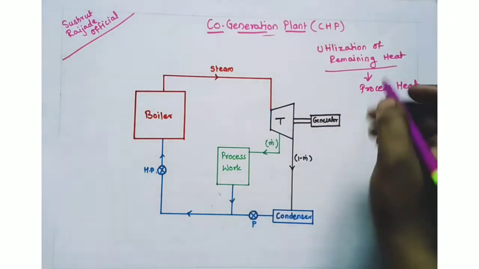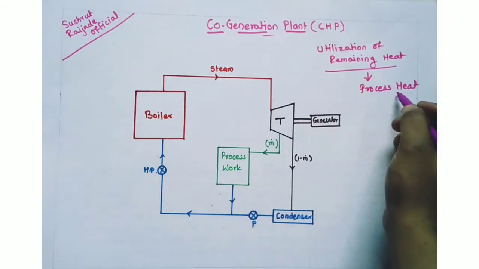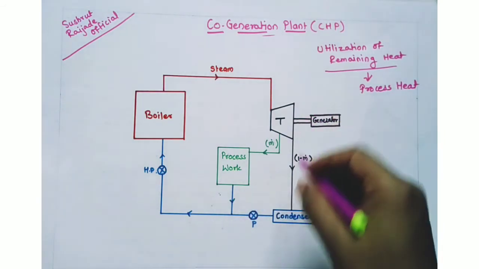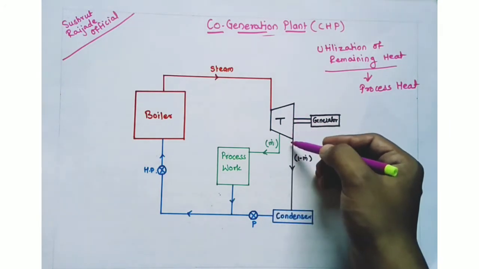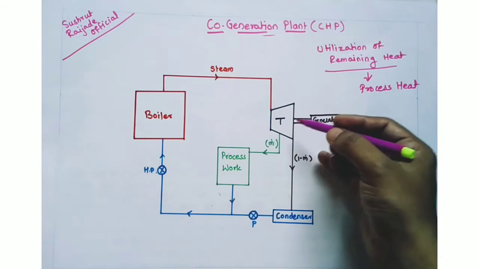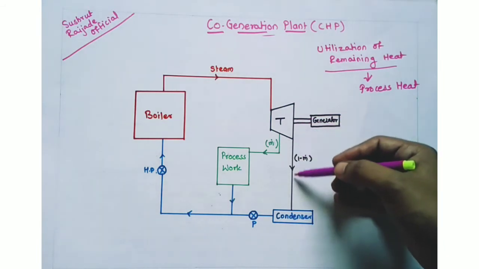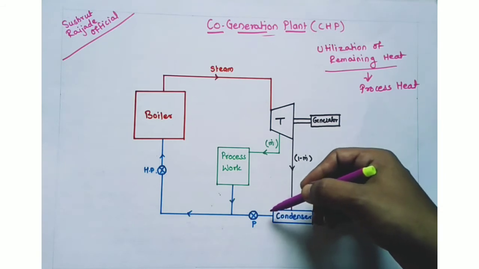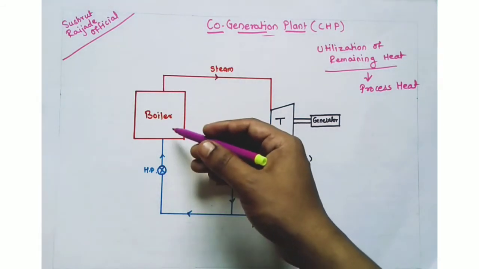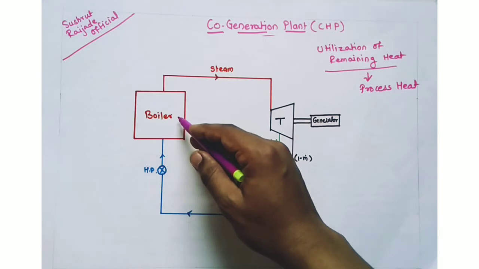Now, what is process heat actually? It is the remaining heat coming from the turbine. In a conventional power plant, the steam is extracted and passed towards the condenser, and that condensed steam, that is water, is again passed towards the boiler.